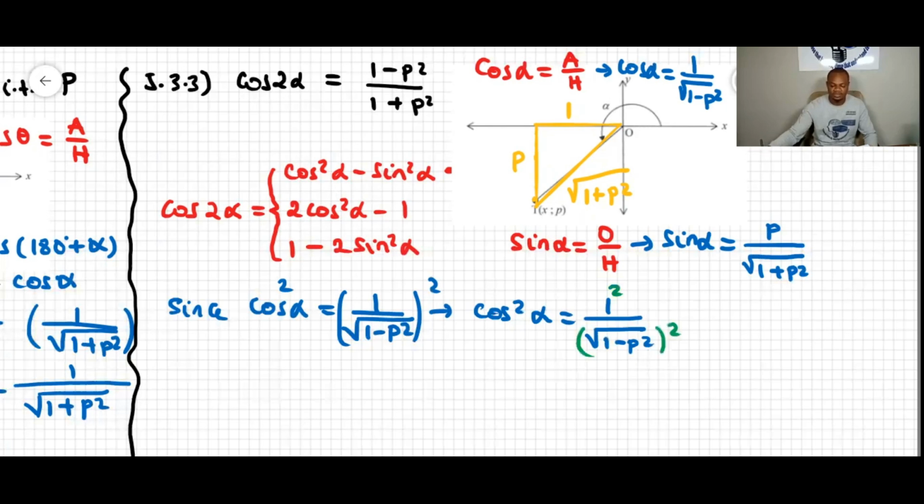The exponent says if you have a over b to the power of 2, this is a squared over b squared. So apply the law of exponent to solve this, okay?